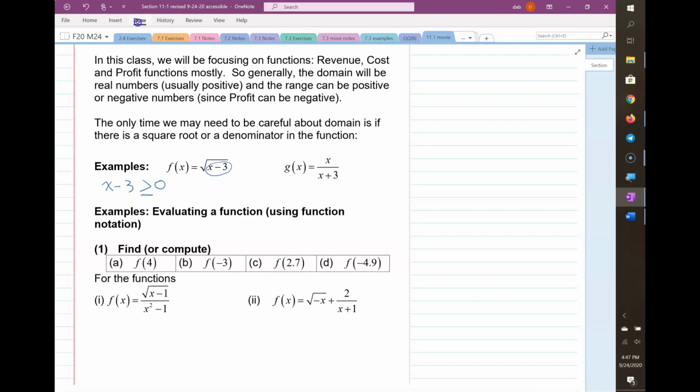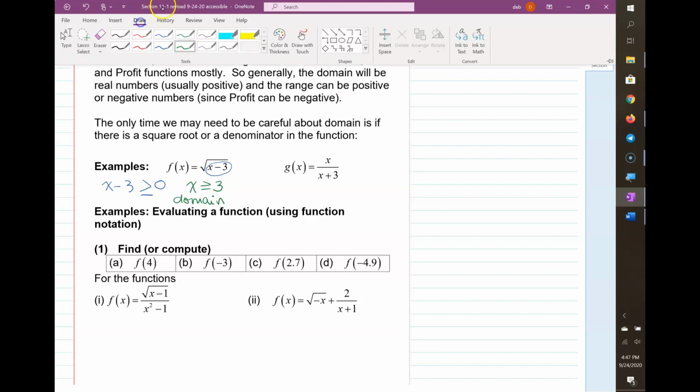So then you solve this little inequality and say, in order for this square root to be defined, x has to be greater than or equal to 3. So this is the domain. The x value can be 3 or bigger, but it can't be smaller, or this whole thing's not going to work.